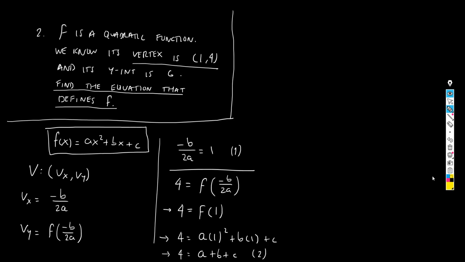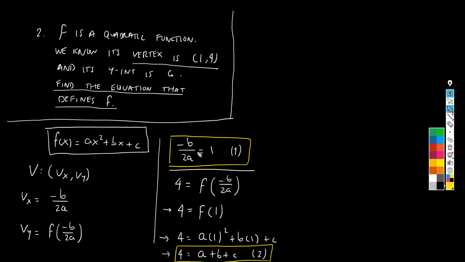So we have one equation, another equation, and let's see if we can find another equation that relates my coefficients a, b, and c. The fact that we haven't used is that the y-intercept is 6. What does that mean? Let's actually draw these ideas very quickly.